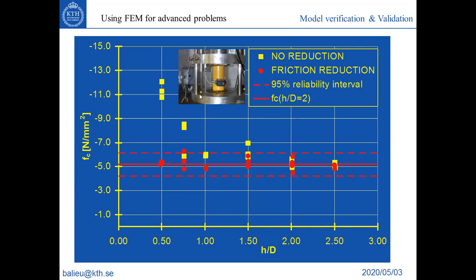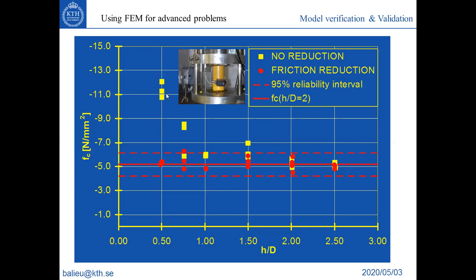If you look at this with bad friction between the plate and the cylinder, you can see the peak stress varies depending on the geometry. You can have 11 megapascal for the peak stress with this ratio. And here for this ratio, 2.5, you have 5 megapascal.